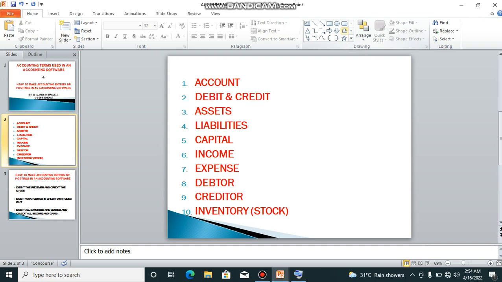For example, let's say your business took a loan. Are you with me? For example, a loan is taken from a bank or a financial institution. It raises a liability for the business, and that's just what I'm trying to point out.